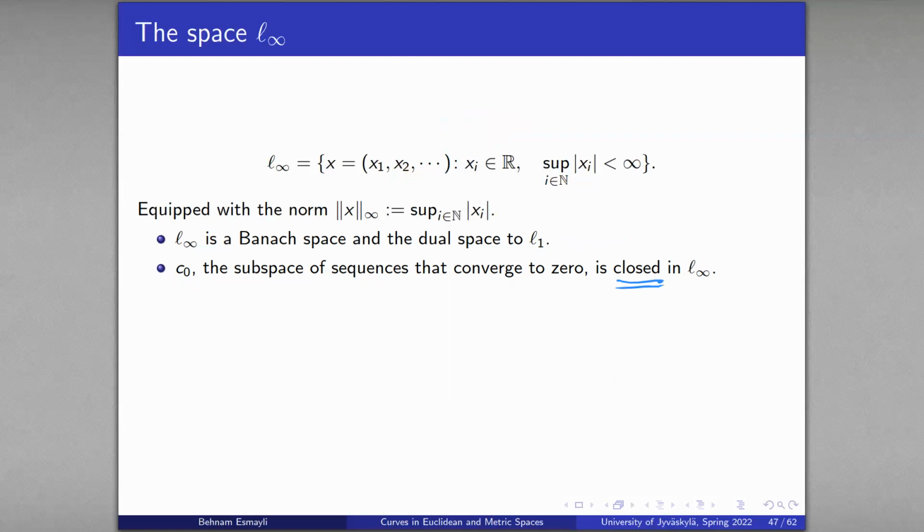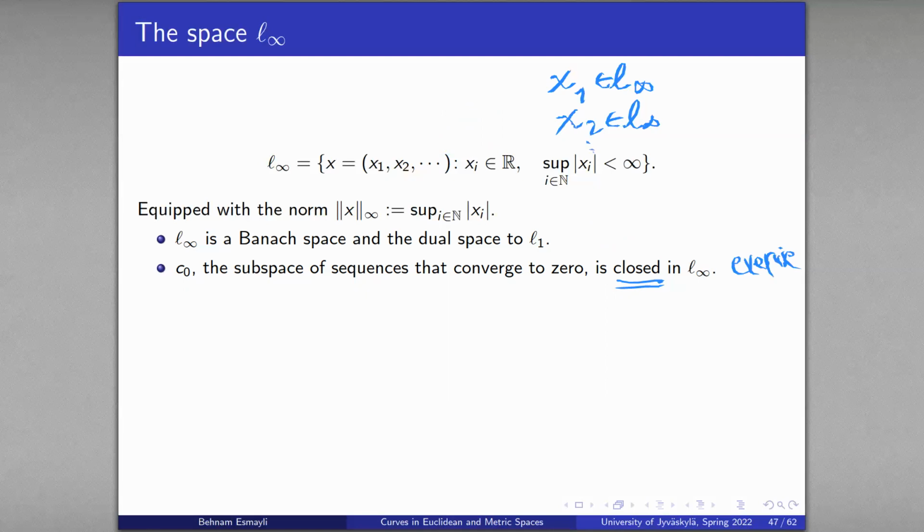And that is a beautiful exercise to do. You need to show that if you have a sequence of sequences, so you take x1 in L infinity, x2 in L infinity, which means each one of these x1, x2, and so on is a vector.